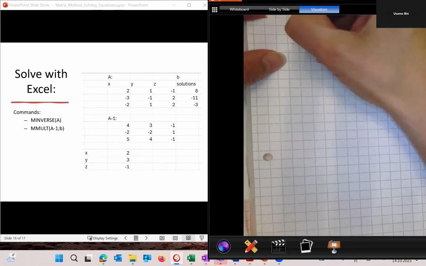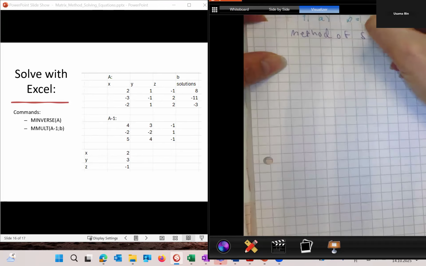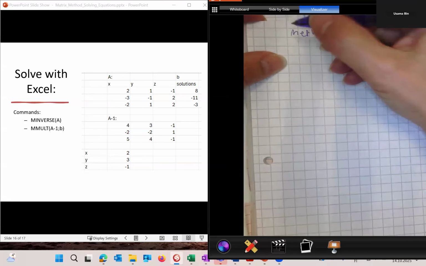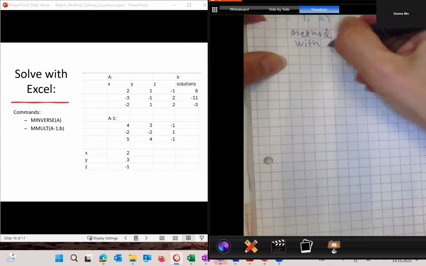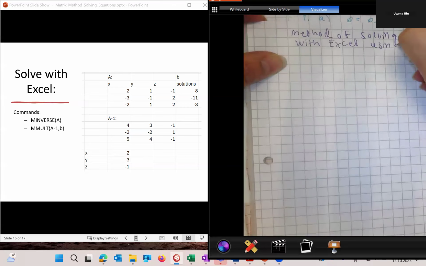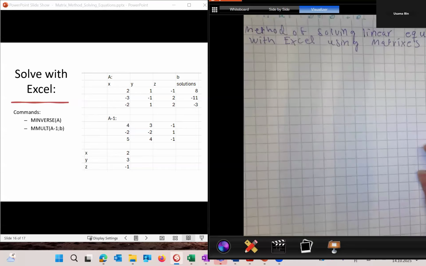This is like the method of solving linear equations with Excel using matrices. Matrices, for example, like this, we can write.